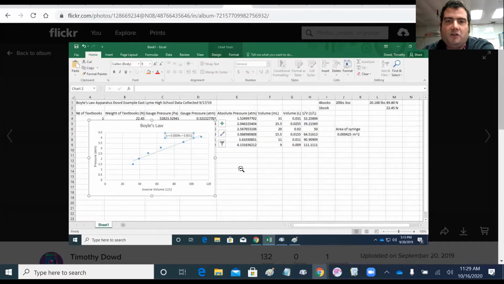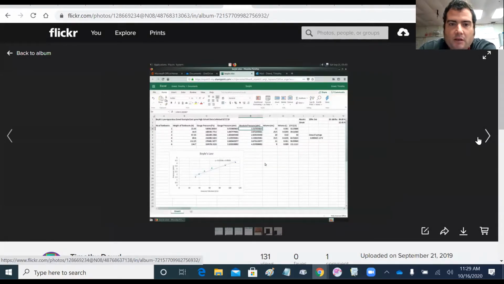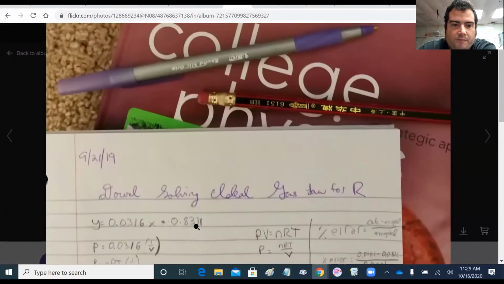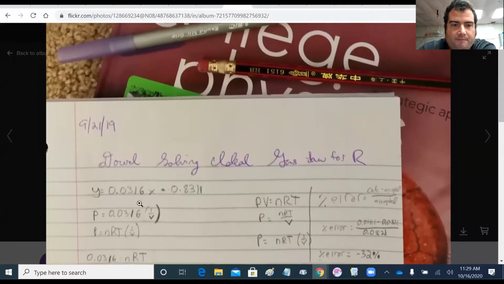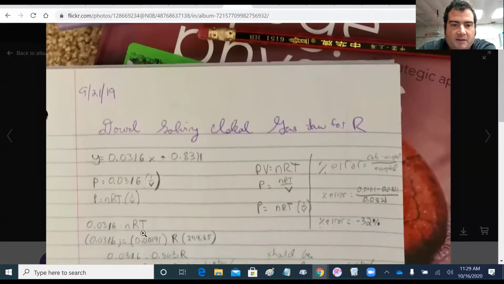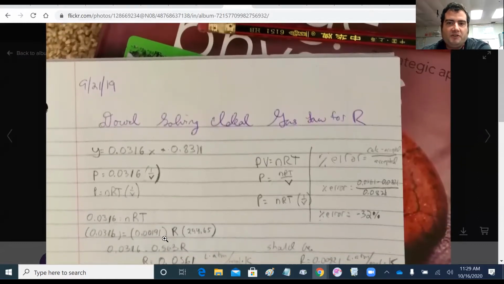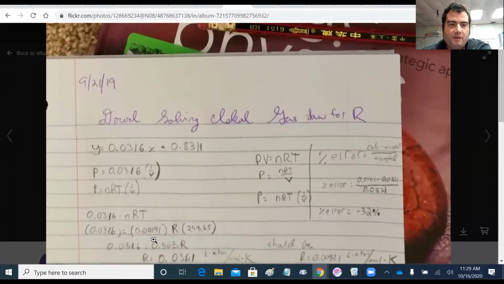So now, since the goal was to calculate the ideal gas constant, the slope of this line contains that information. So the last step is basically just to take the slope of that line and assume the slope of the line is n times R times T. And now I'll put in the number of moles of gas I cheated to get.